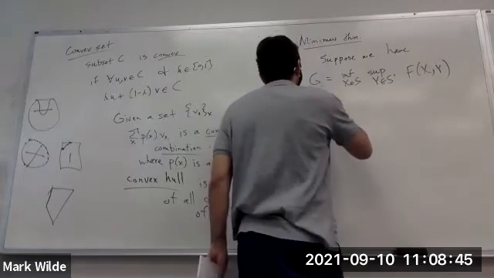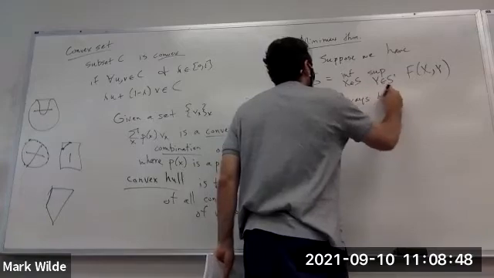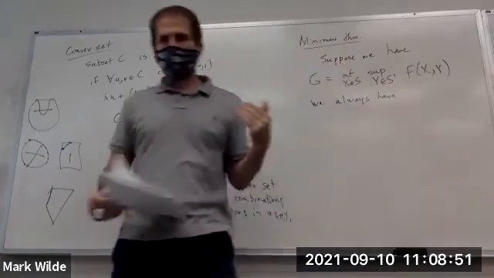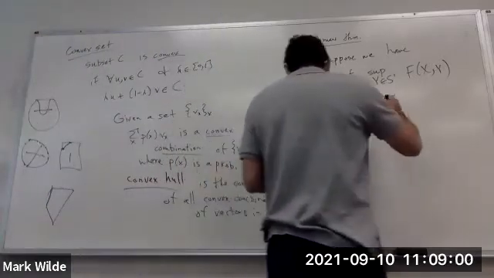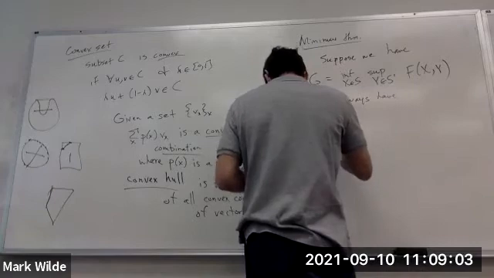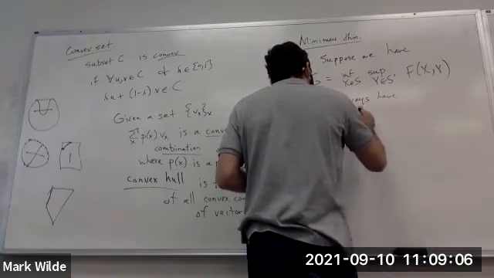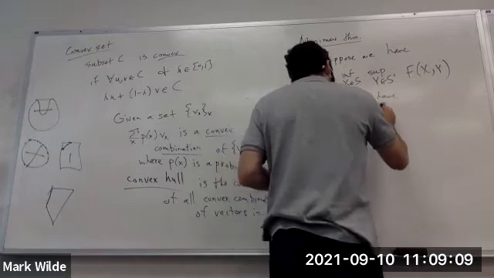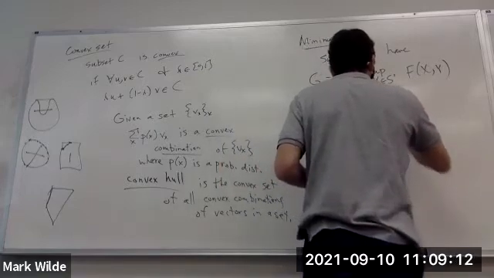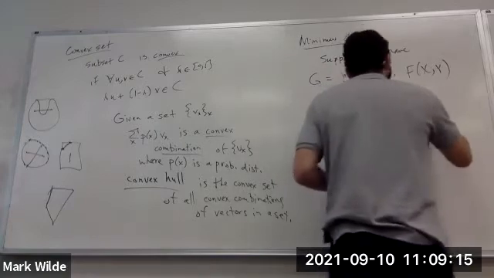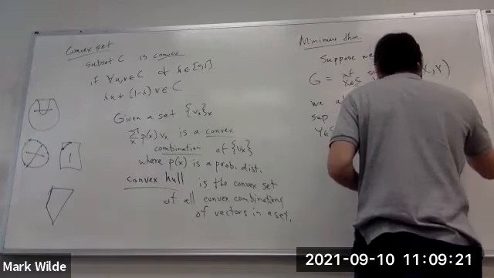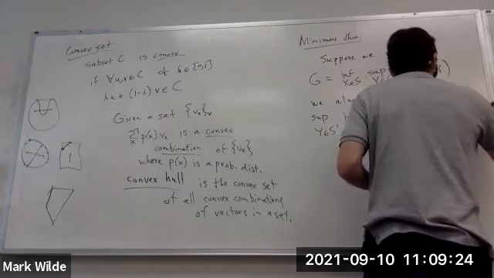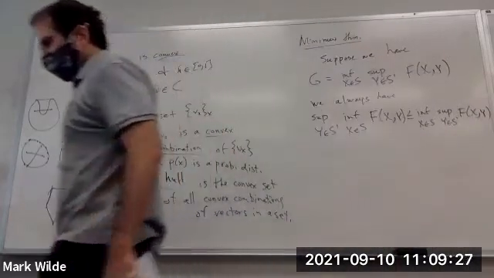Okay. So we always have, just like we always had that lim sup is less than lim inf, or lim inf is less than lim sup, we always have one version of inequality. So we always have this inequality always holds.